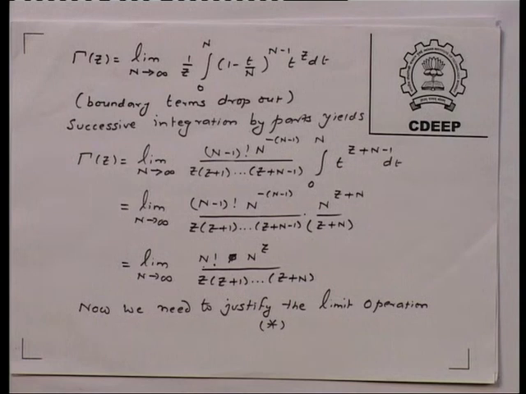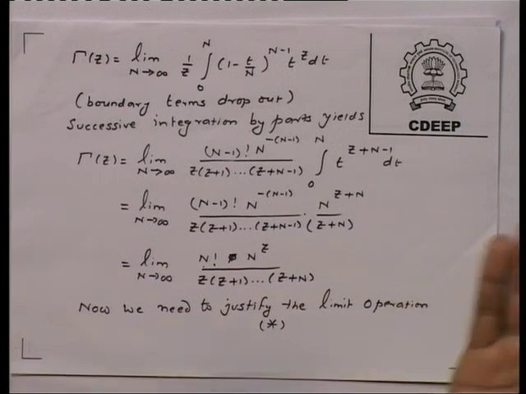Correct. Well, I am going to go ahead further and integrate by parts over and over again successively. Successive integrations by parts give you gamma z equal to the limit as n tends to infinity. Each time you differentiate, you are going to pull out an n minus 1 as a coefficient, and n minus 2 and n minus 3.